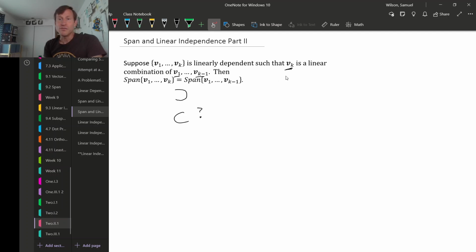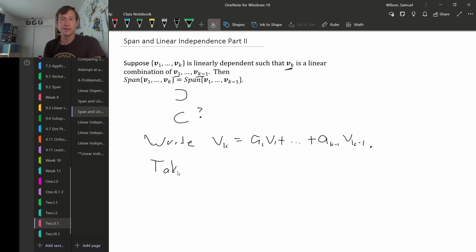All right, well, v_k is a linear combination of v1 through v_{k-1}. So that means that we can write v_k as a1 v1 plus ... up through a_{k-1} v_{k-1}, right? Okay, so take any linear combination, say b1 v1 plus ... up through bk vk.